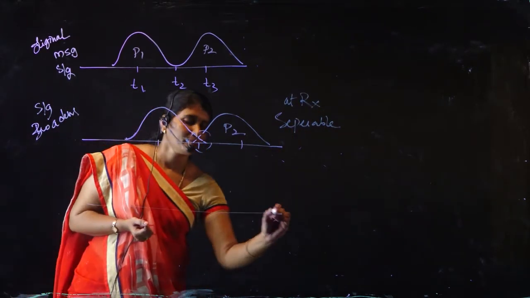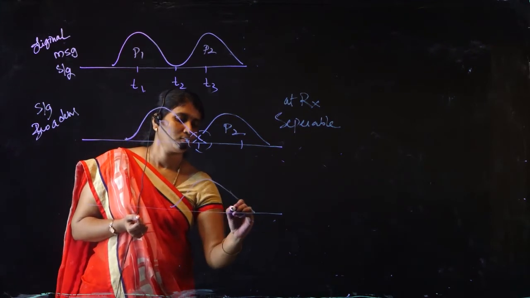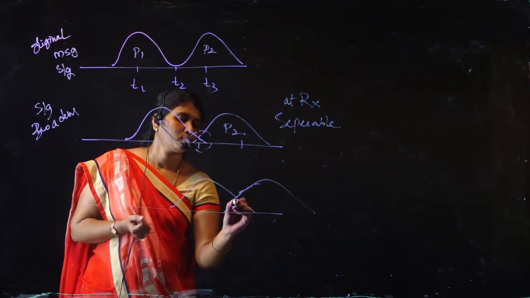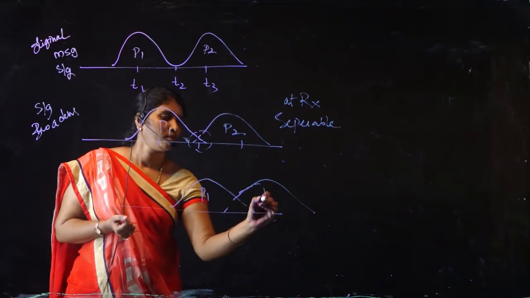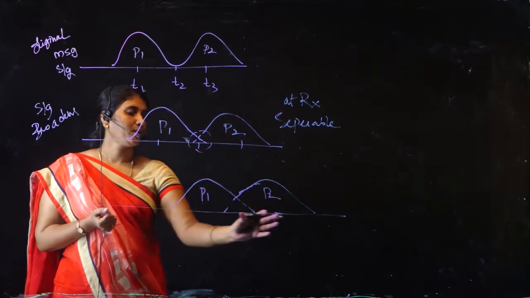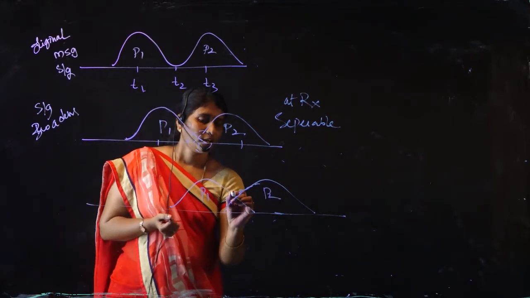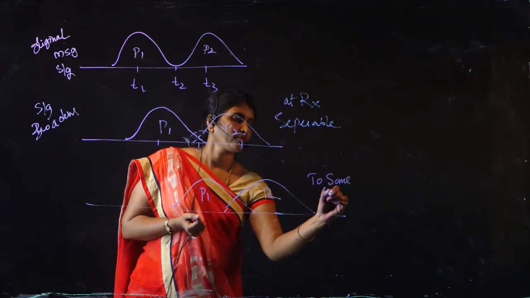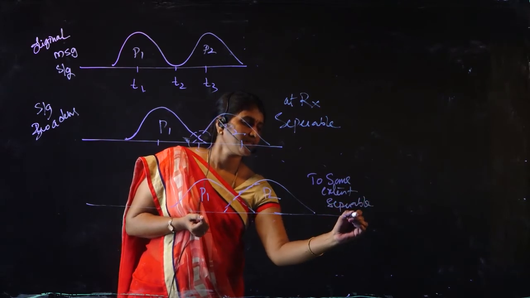After a certain time, here again the pulses P1 and P2 are still more broadened, and here also to some extent they are separable at the receiver.